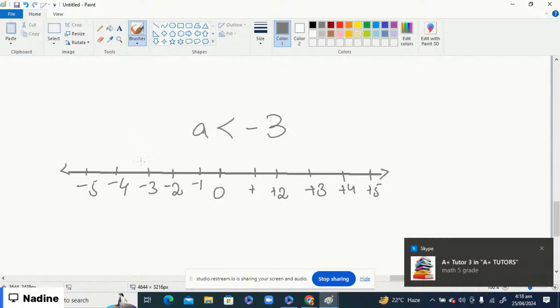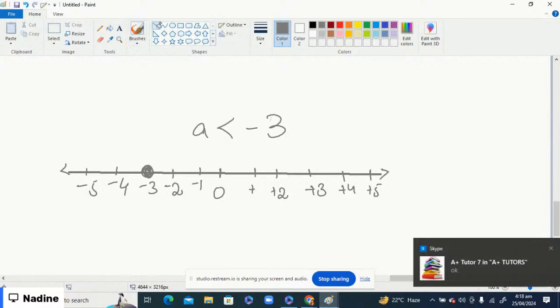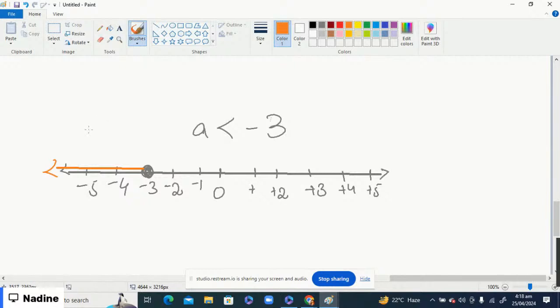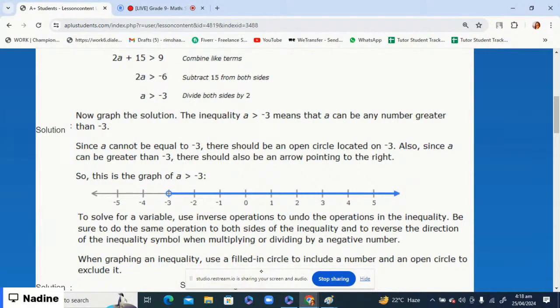Where is minus 3? There is minus 3, but A is less, so A moves in which side? A moves in that side. This shows that A is less than minus 3. Understand? Hope you guys understand this one as well.